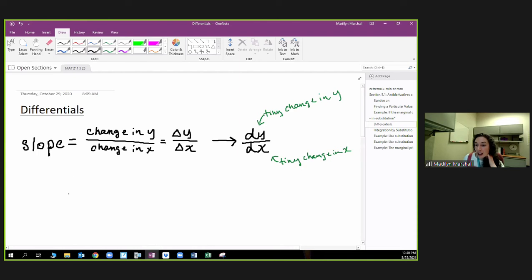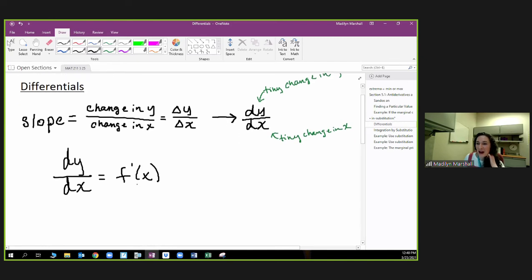And their relationship comes from the fact that dy dx equals, let's say it's f prime, if y equals f of x. So far in this class, we have always been using dy dx as one thing, which it is. It represents the rate of change. But it is also two separate things that we can separate using algebra.